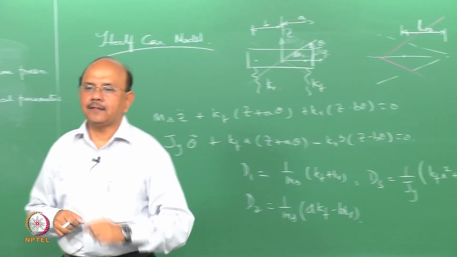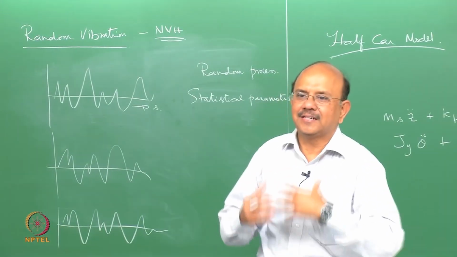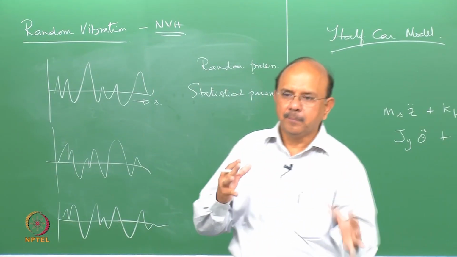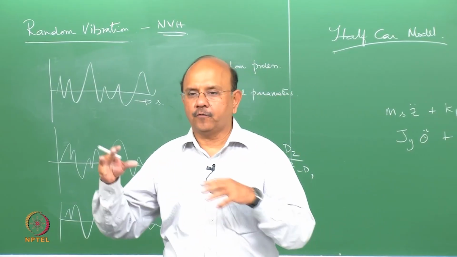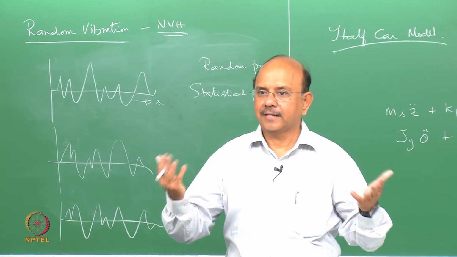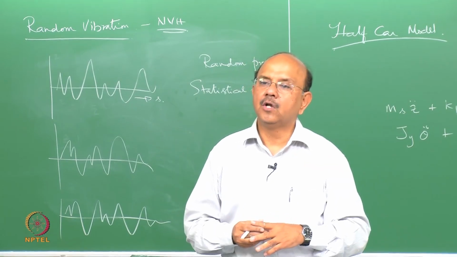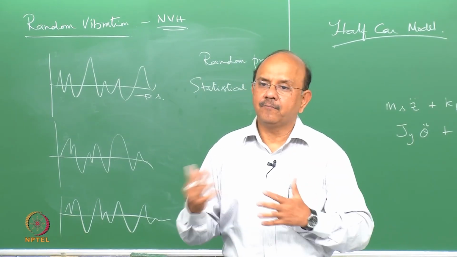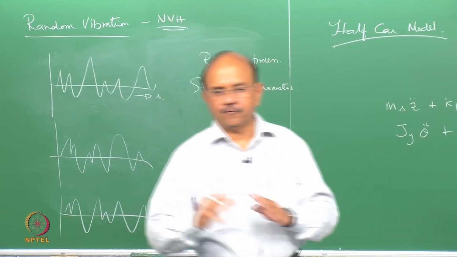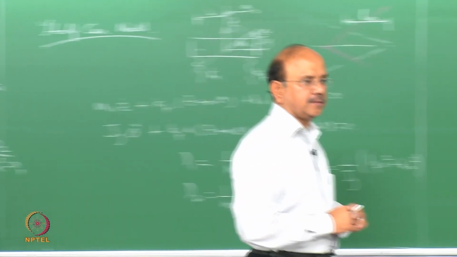The statistical parameters of the input, which is the road, and the output, for example the acceleration at the seat location, would be related through very simple frequency response functions.